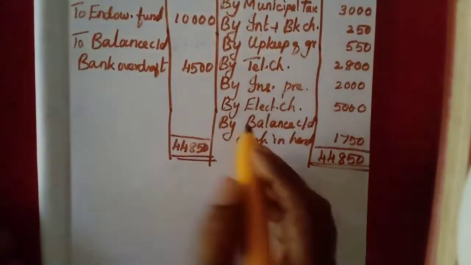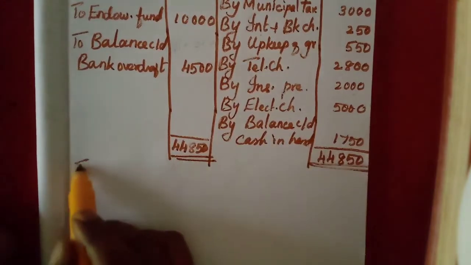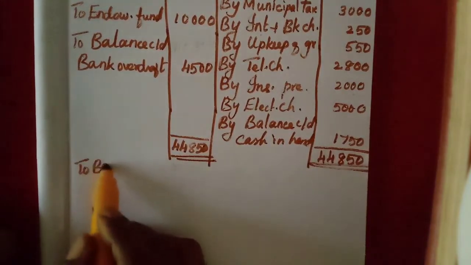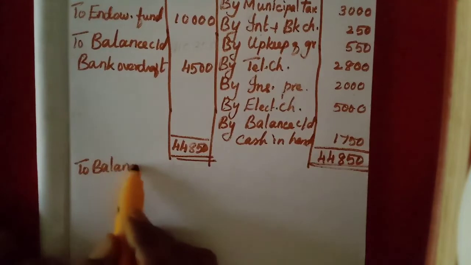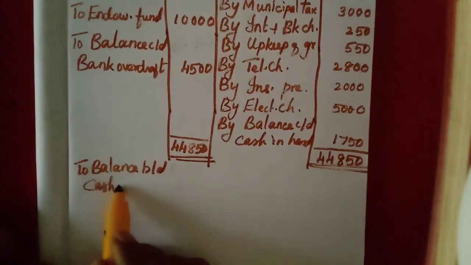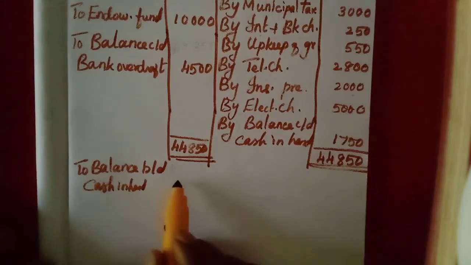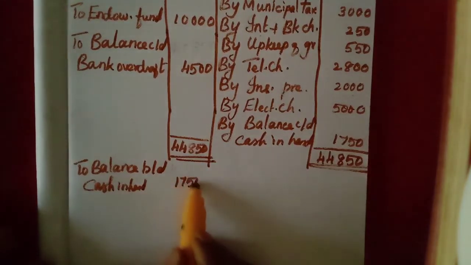Now we have to write the opening balance. This is the closing balance, and this balance will come here. To balance brought down, cash in hand, 1,750.